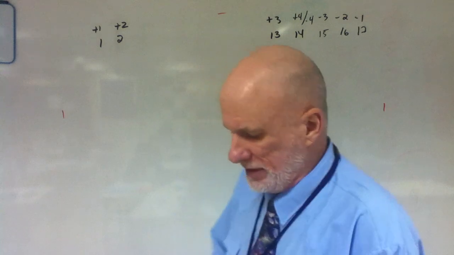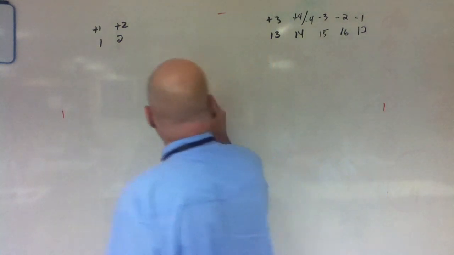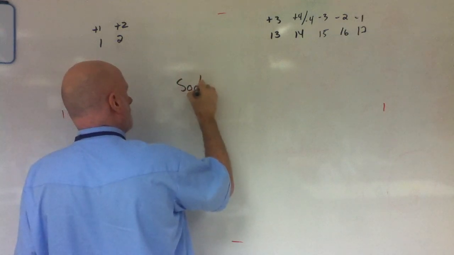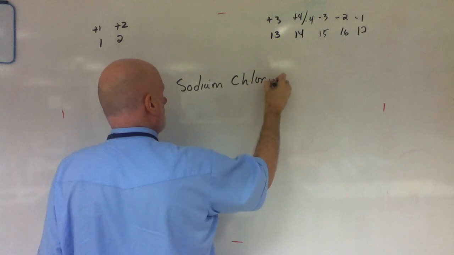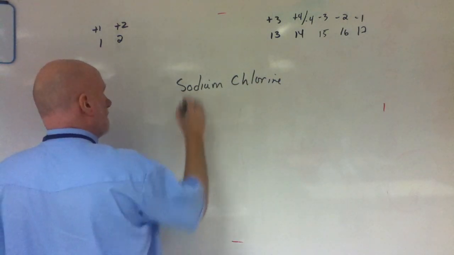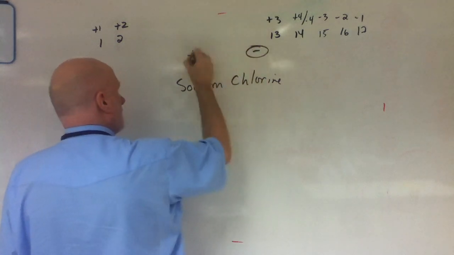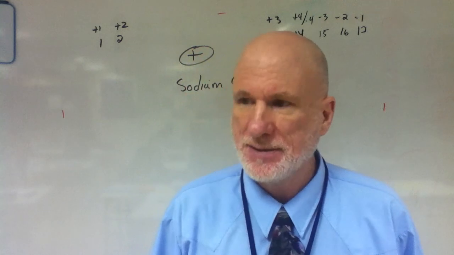Okay, now, this is the next thing. The next thing is, I want to start putting things together. Let's say we take a couple of elements. You ready? Let's say sodium and chlorine. Let's say positive and negative, right? Positive on the left, negative on the right.